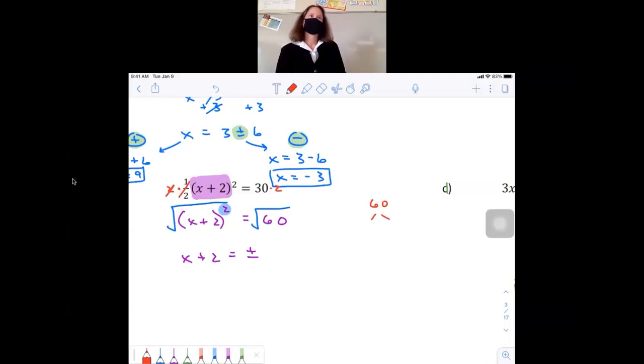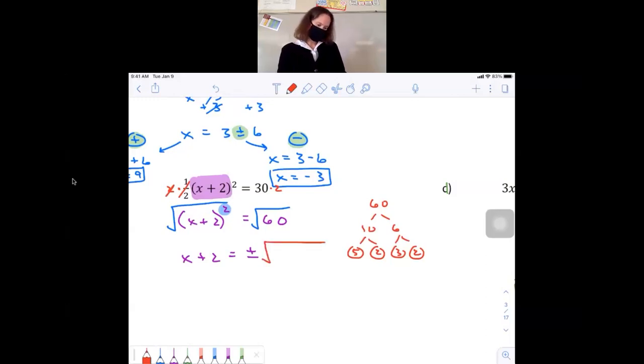It doesn't have a nice square root, does it? But before I even get started on my factor tree, I'm going to include plus or minus. Don't forget that. So, 60. 10 and 6.